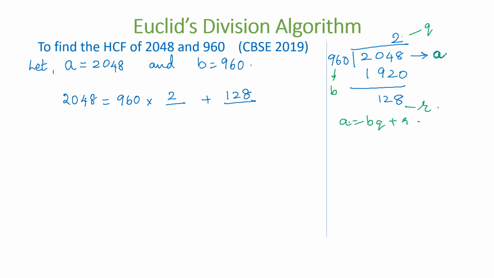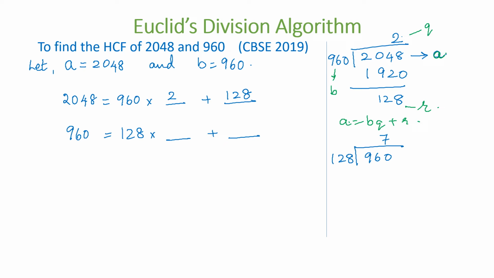Then I will take 960 is equal to 128 into dash plus dash. Let's fill that up now. 960, and I'm dividing by 128. So what is my quotient over here? It comes out to 7.